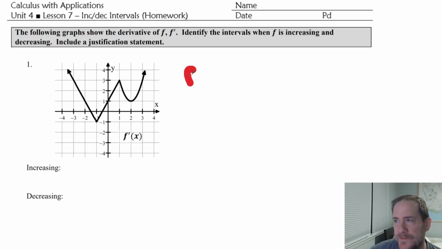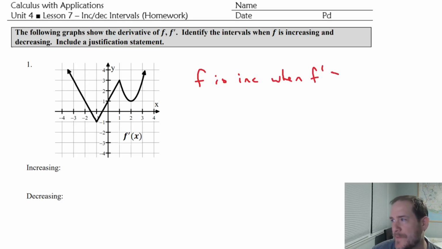And we know that f is increasing when f prime is positive. So you're literally just looking on this graph for when the derivative is positive, not when it's increasing or decreasing, just when the derivative is positive.